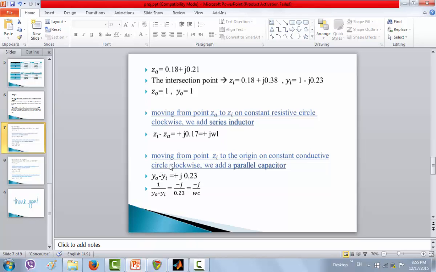After that, moving from the point Zi to the origin on a constant conductive circle, also clockwise, we added a parallel capacitor. From this equation, Y0 minus Yi equals j0.23, and 1 over j0.23 equals minus j over 0.23, which equals minus j over omega C. So this is the second equation from which we can find the value of the capacitor.